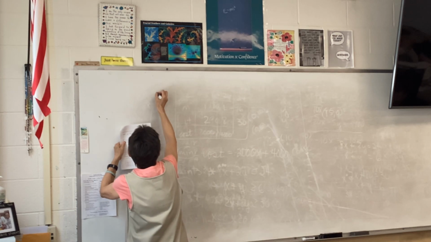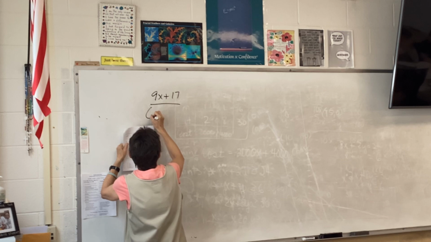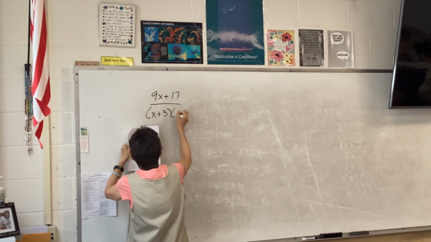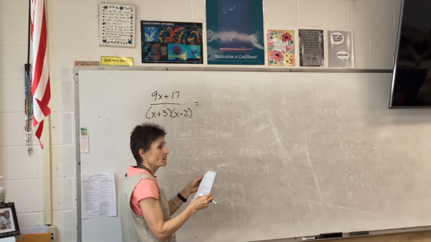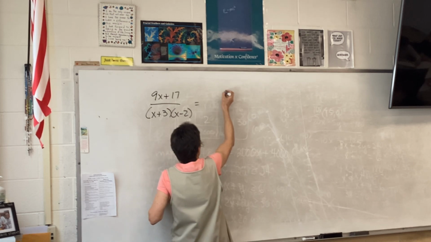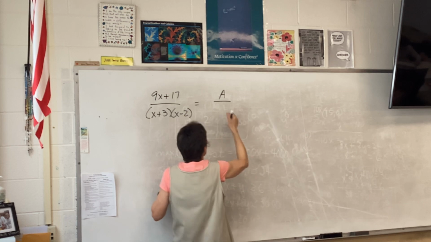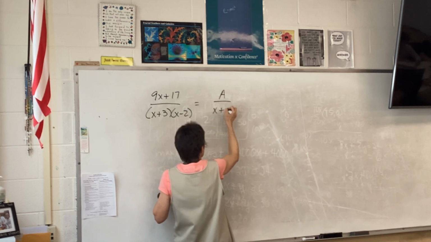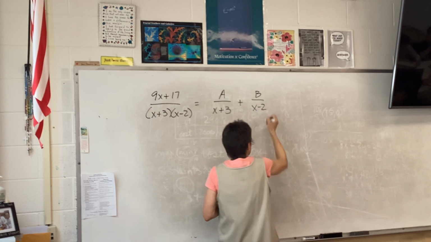So we've got 9x plus 17 over, if I factor that, it's going to be x plus 3 times x minus 2. Check that out. Is that right? Yeah. So then I know my partial fractions will be something, typically we call it A, really doesn't matter, A over x plus 3 and B over x minus 2.